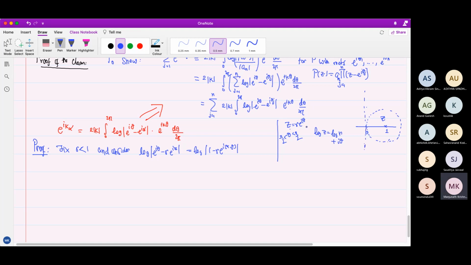I can define log of a complex number as log r plus i theta, where theta is the angle which you have chosen to be between minus pi by 2 and pi by 2. We can always add 2 pi's to that, but I will choose the argument in this range, because that makes a difference here. If you choose it to be between something plus 2 pi, this will also go up by that much.